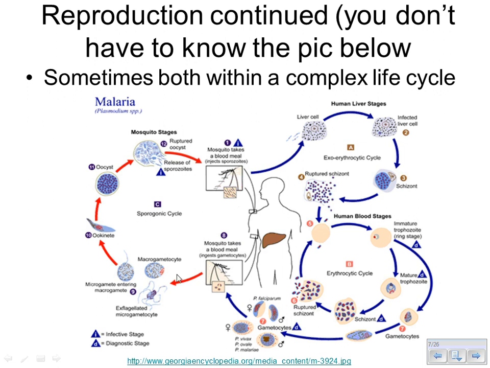In here, looks like reproduction is probably asexual. At some point, it becomes sexual reproduction, and then it progresses on. So you won't have to ever know one of these life cycles, at least not in this class, but just recognize that they occur, really complex life cycles where both asexual and sexual reproduction happen.